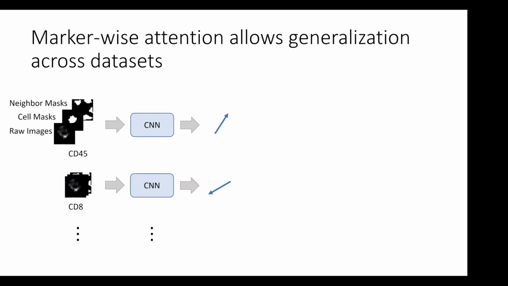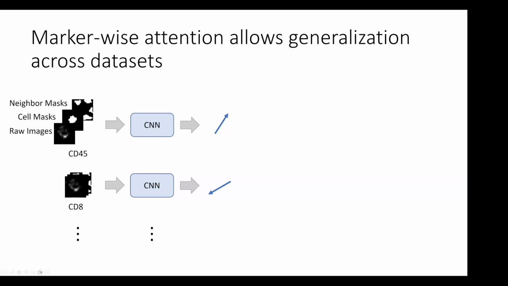The approach that we've put together is a hybrid between the vision models that are super popular, convolutional neural networks, and the language models, transformers. We're calling this marker-wise attention, and I'll explain how it works in a second, but this is a computational feature that we believe gives rise to the features you need for generalization.